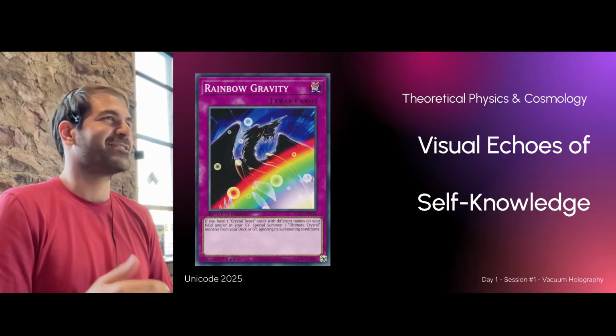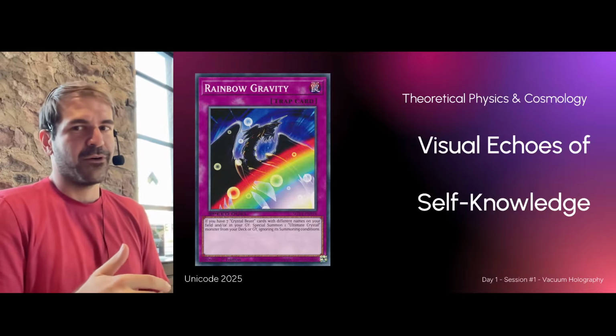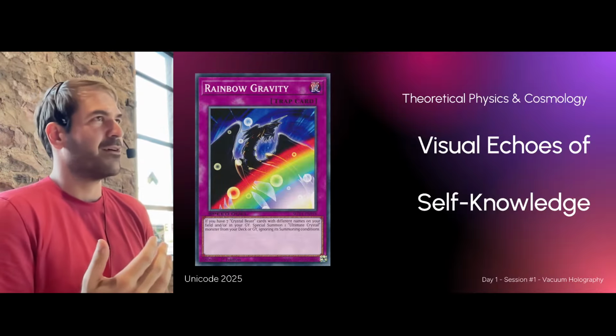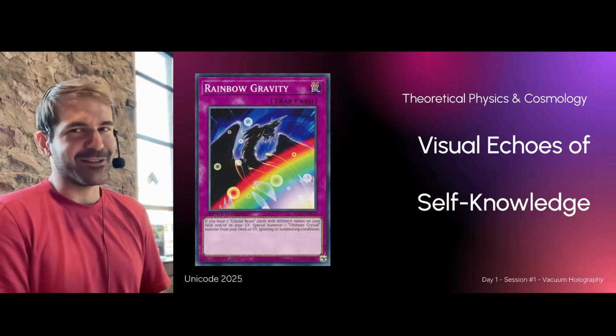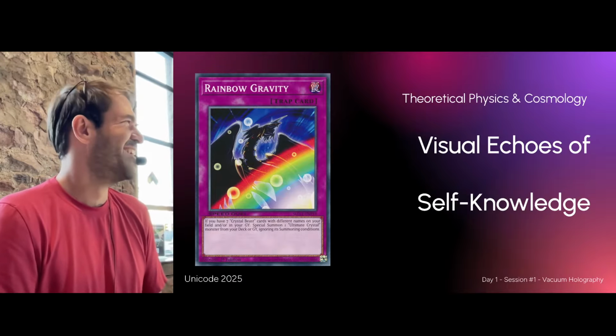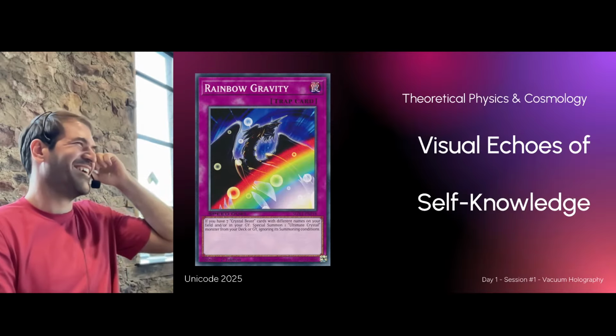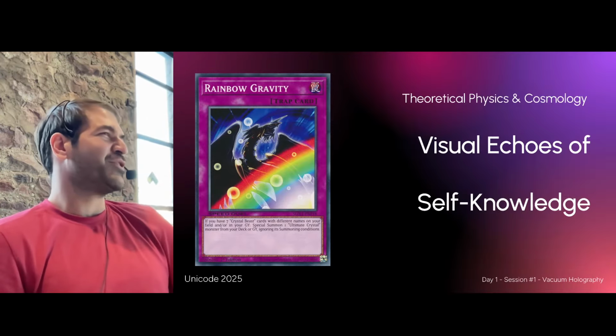So my interpretation is that as soon as you've acquired all 7 of the conscious wavelengths of frequency, you get to special summon the 1 ultimate crystal. That's why these are visual echoes of self-knowledge.